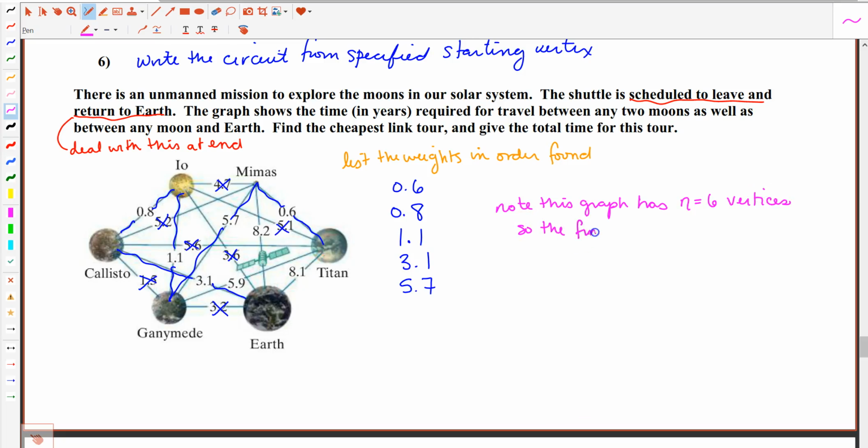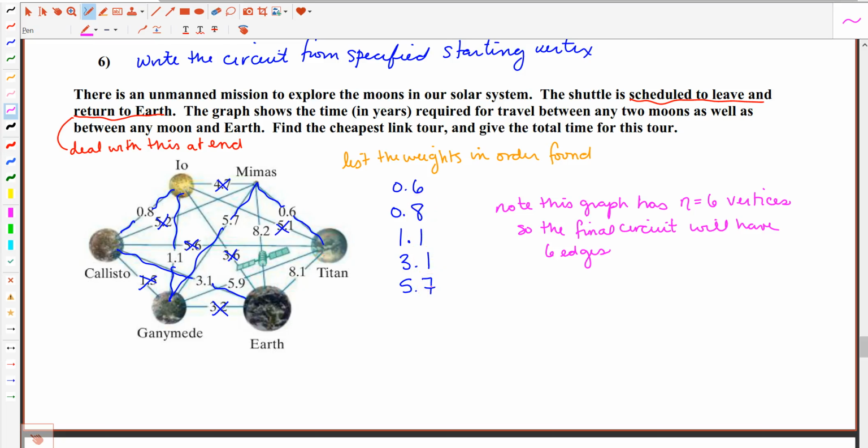So the final tour, or that final circuit I would be looking for, will have 6 edges. At this point in time, I've already grabbed 1, 2, 3, 4, 5 edges. So I don't have much choice right here.